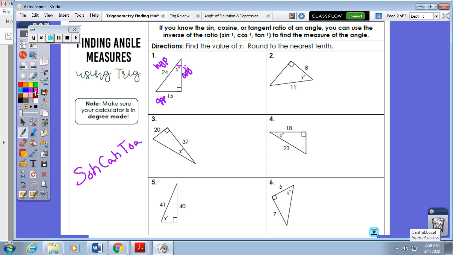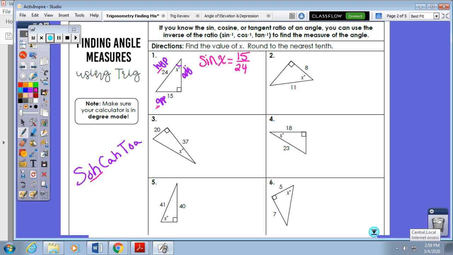I am looking for the value of x, so I'm looking for the angle measure this time. I have O and I have H, which is going to give me sine. So sine of x is equal to opposite over hypotenuse, which is 15 over 24.